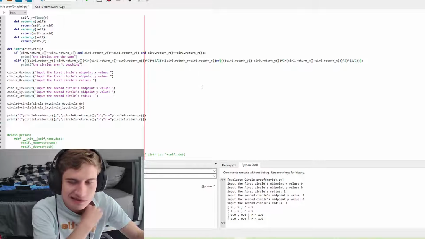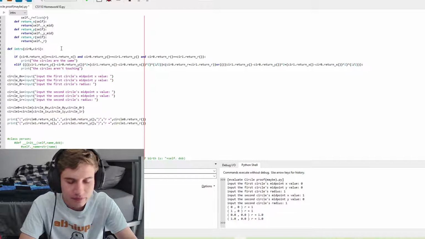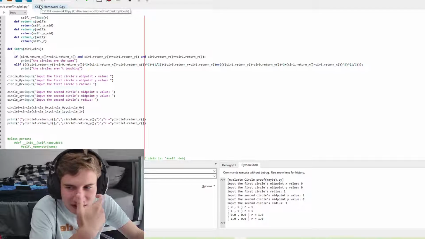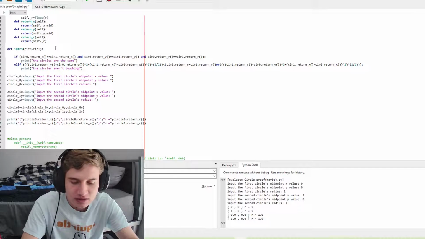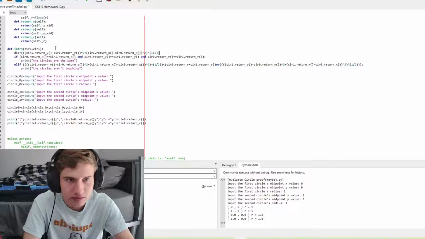That might be a good idea to make that into just a number. Anyway, can you make variables inside functions? I think so. I hope so. Because that's just going to be distance equals that.